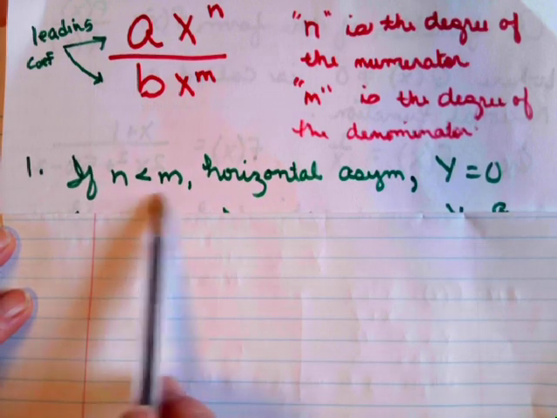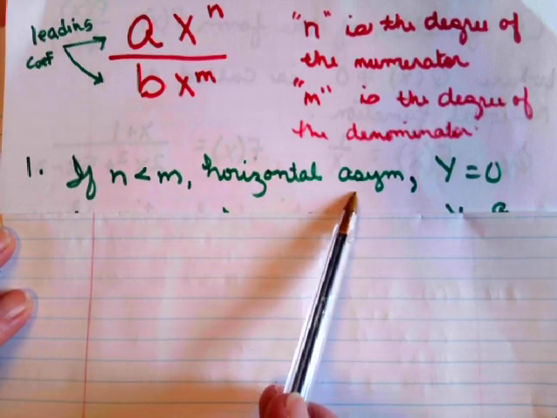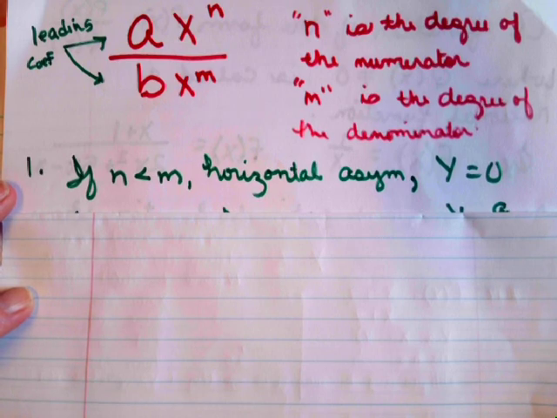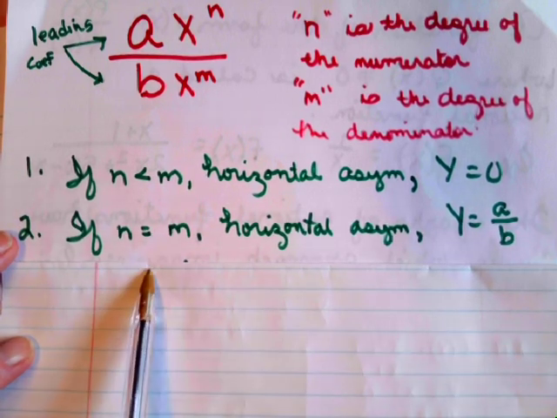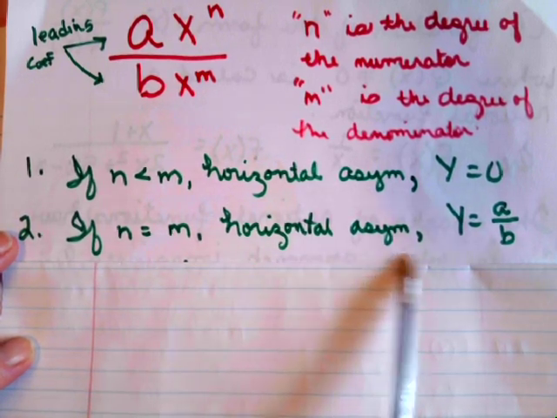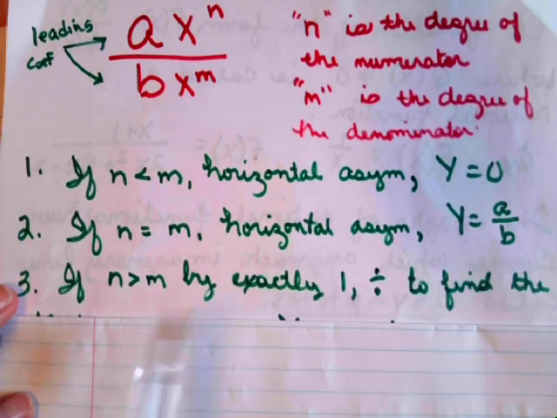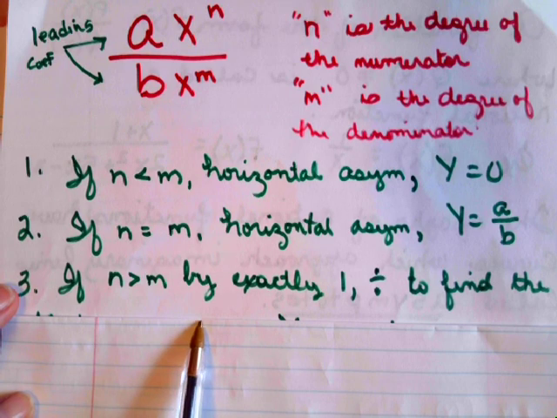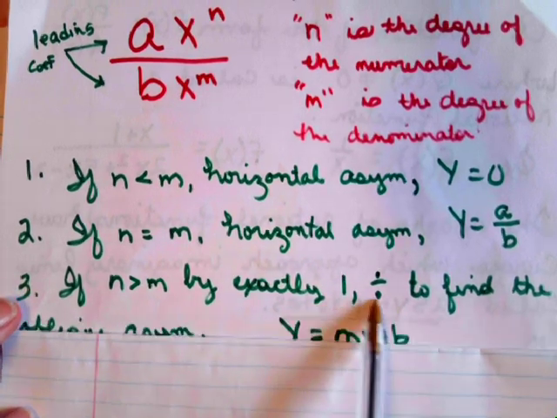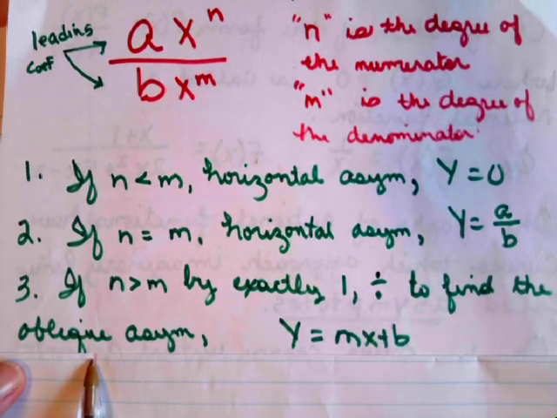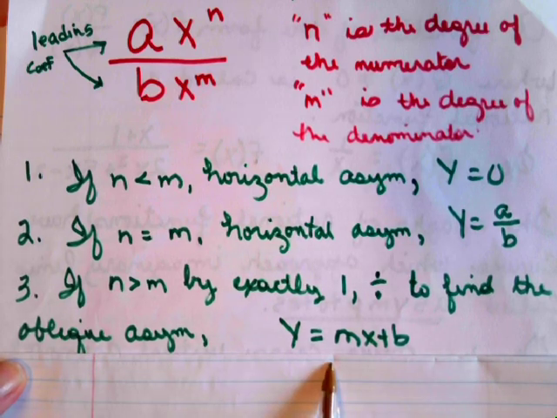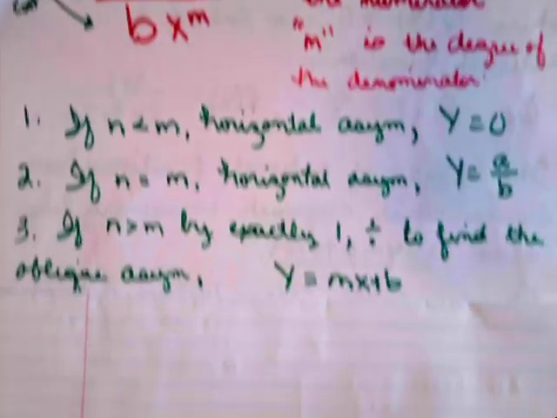1. If N is less than M, the horizontal asymptote is y equals 0. 2. If N equals M, the horizontal asymptote is y equals A over B. 3. If N is greater than M by exactly 1, divide to find the oblique asymptote. It'll be in the form y equals mx plus b.